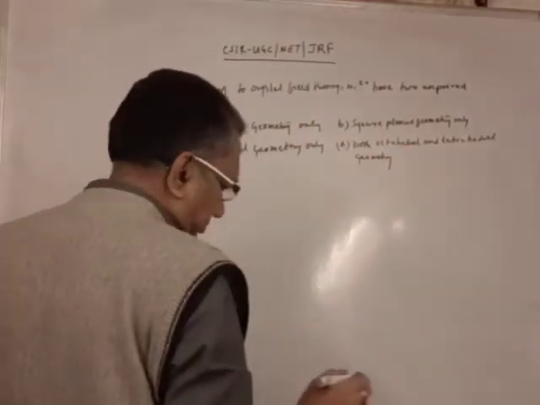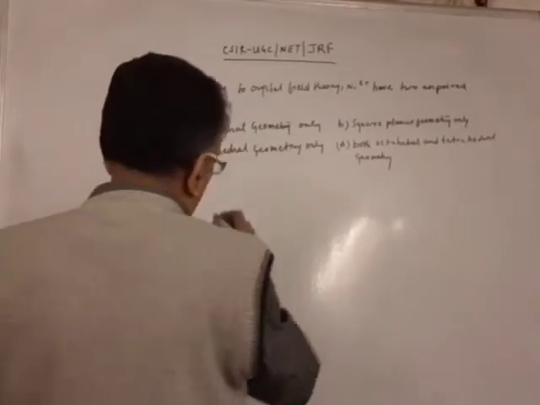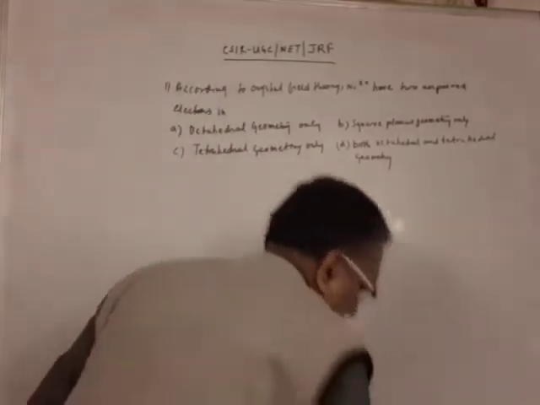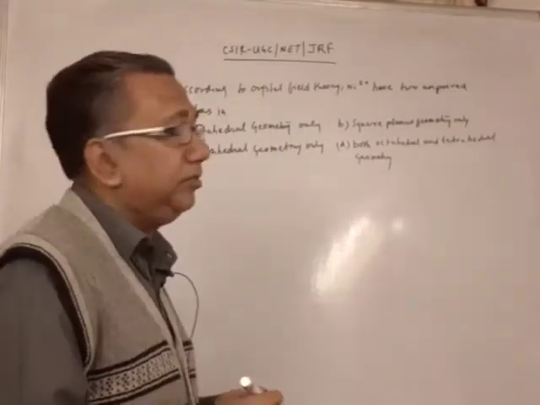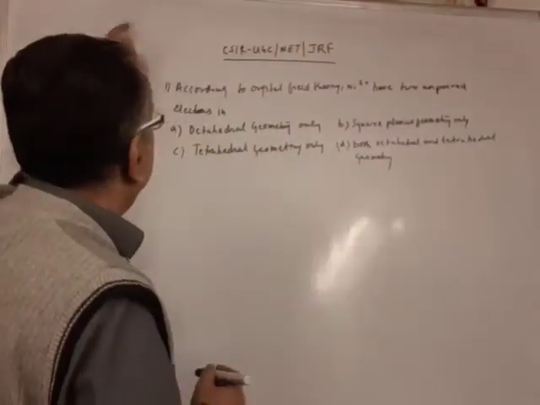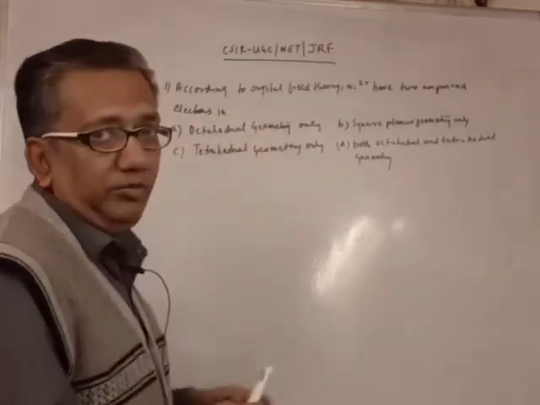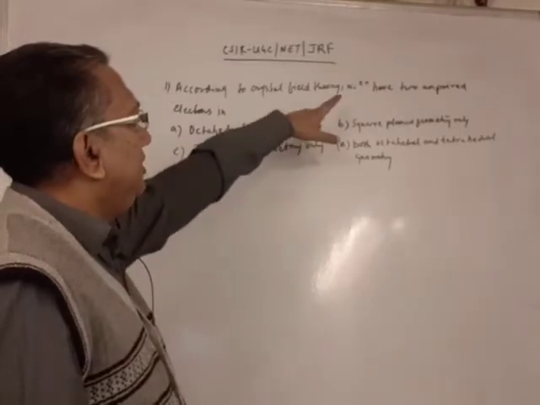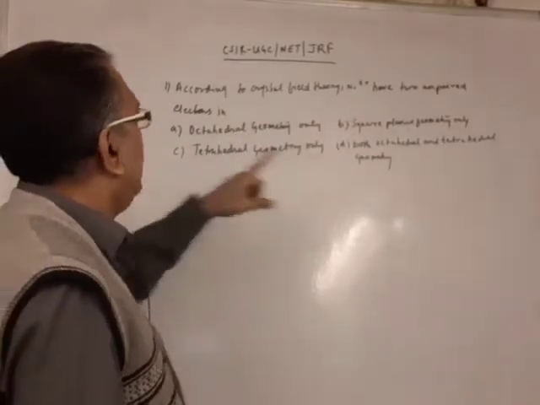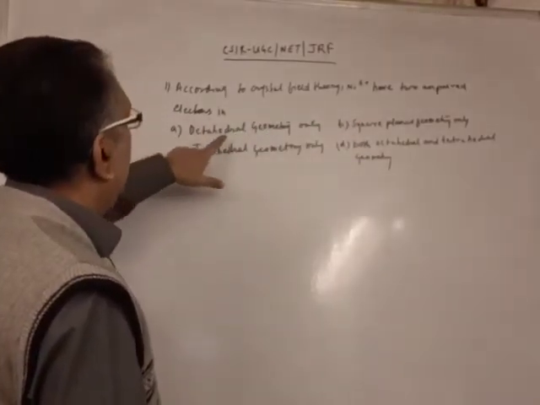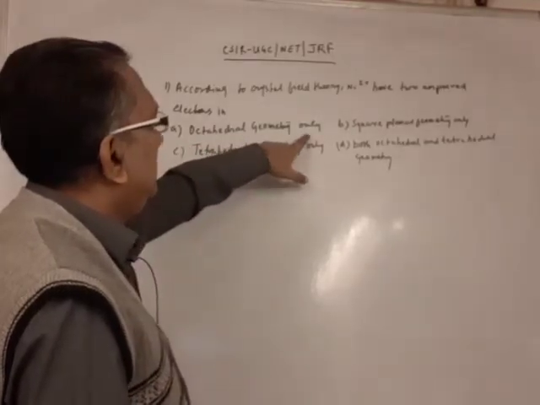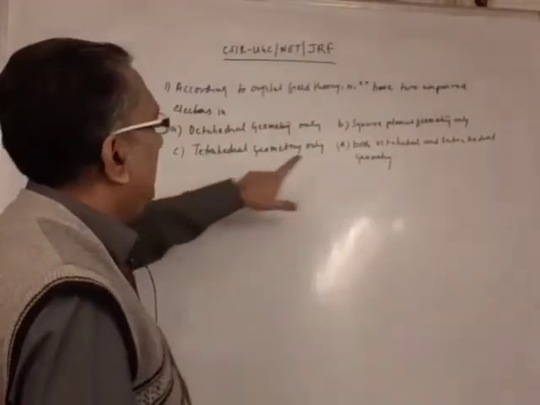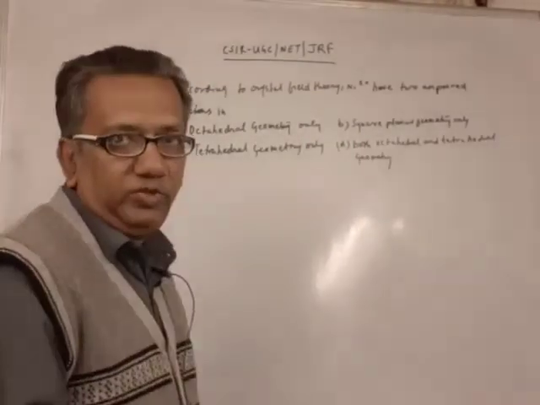Now, once again I am repeating the problem: according to the crystal field theory, Ni2+ has two unpaired electrons in octahedral geometry only, square planar geometry only, tetrahedral geometry only, and both octahedral and tetrahedral geometry.